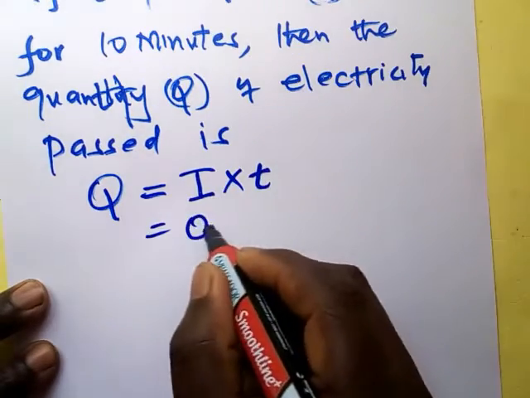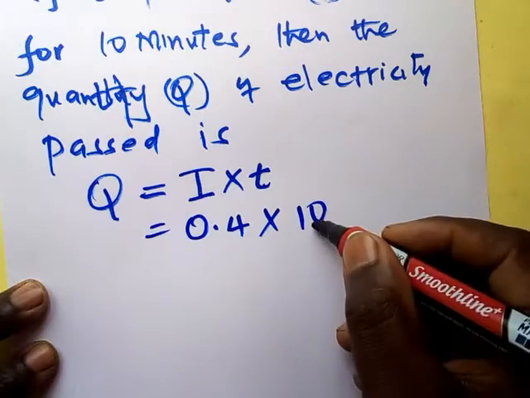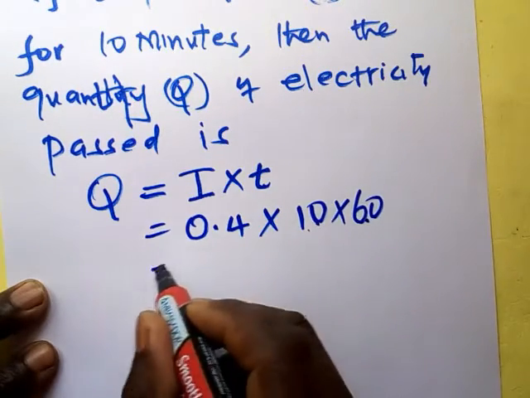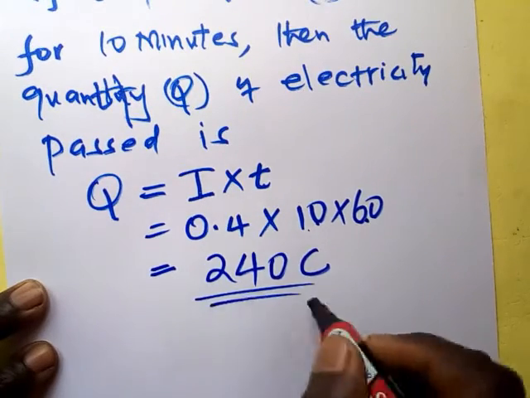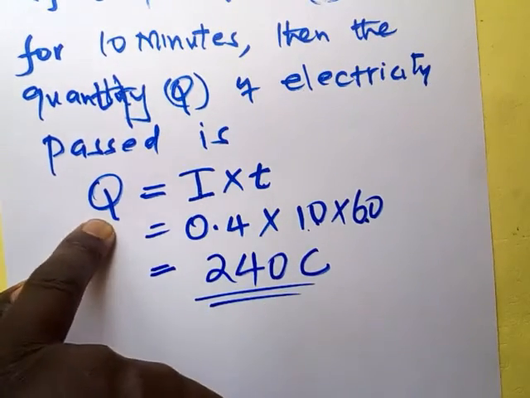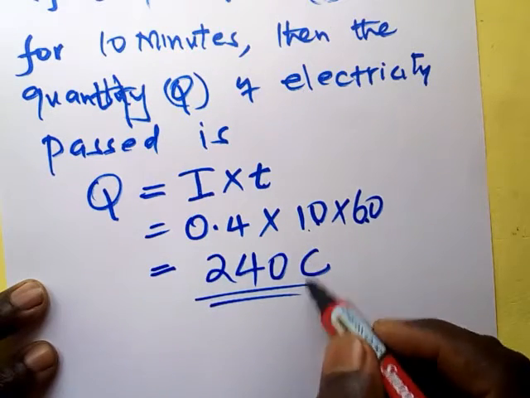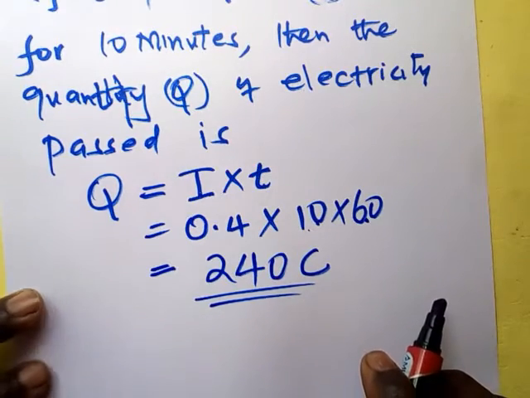The current is 0.4 times the time, which is 10, because 10 is in minutes, times 60 to convert to seconds. This will give you 240 coulombs, because this is the quantity of electricity, and the SI unit must be in coulombs.